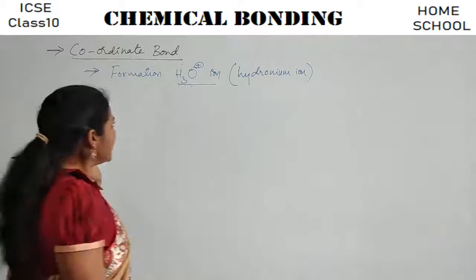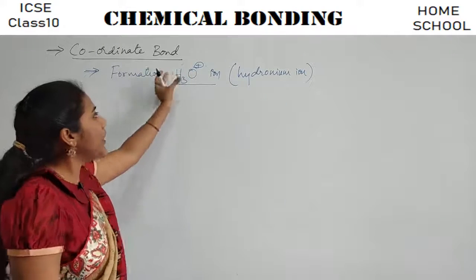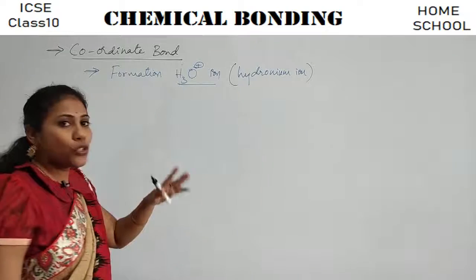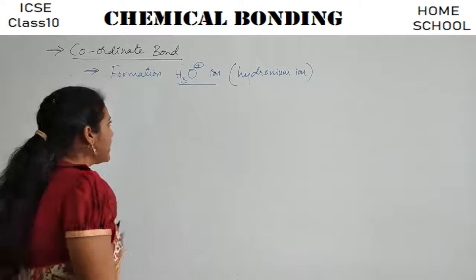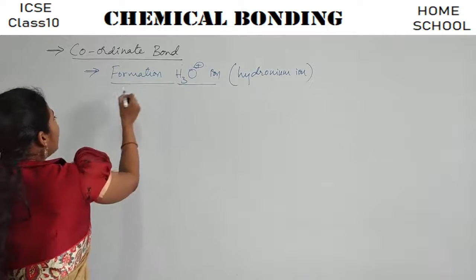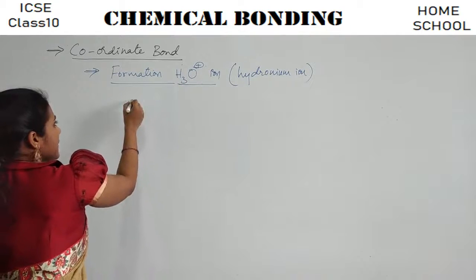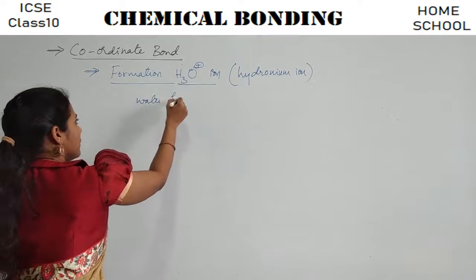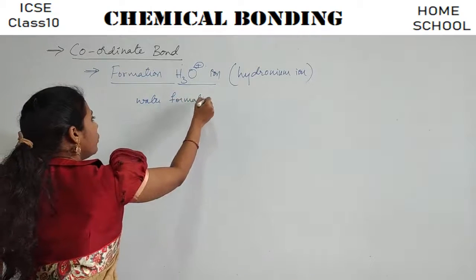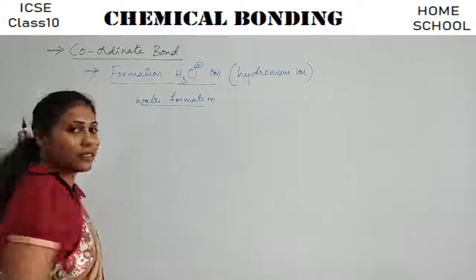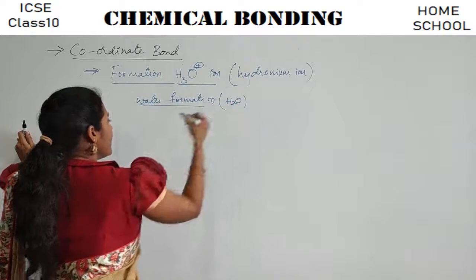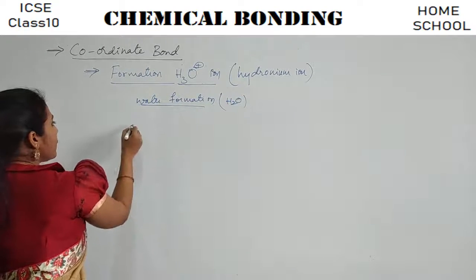Just imagine this is one sort of ion that is getting formed, which involves coordinate bond formation. You all know how water formation takes place, right? Water is formed by covalent bonding, H2O, isn't it? How is H2O formed?